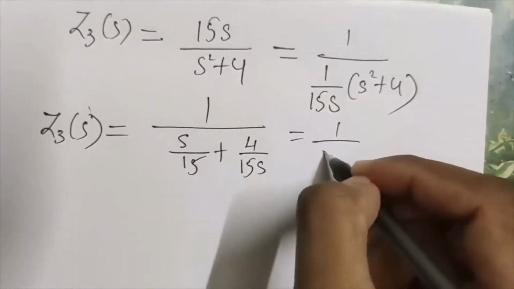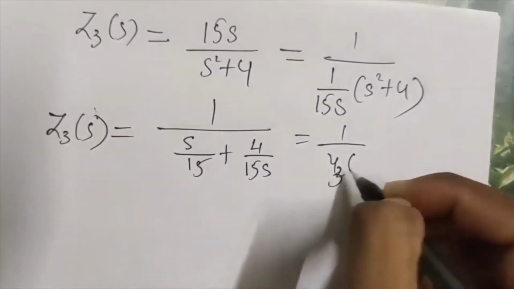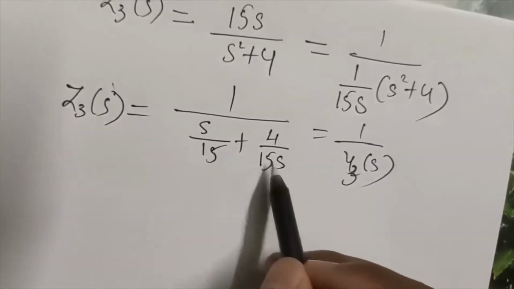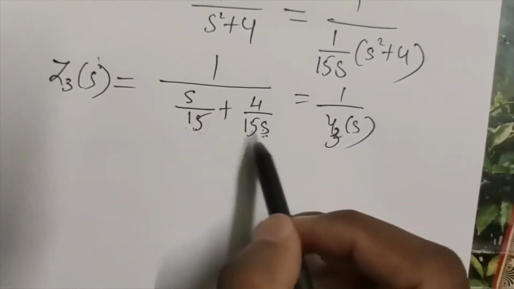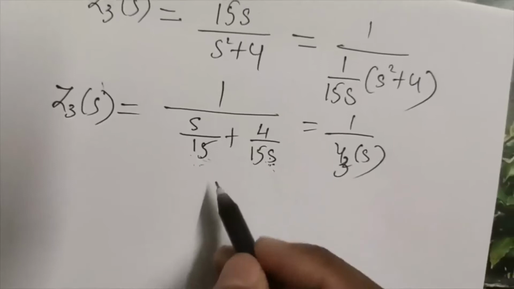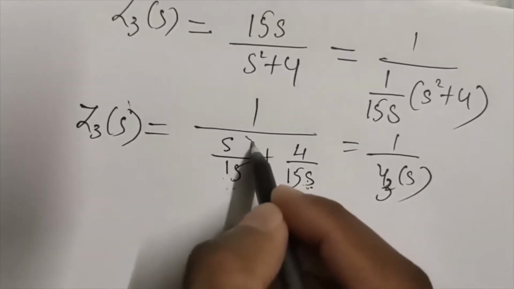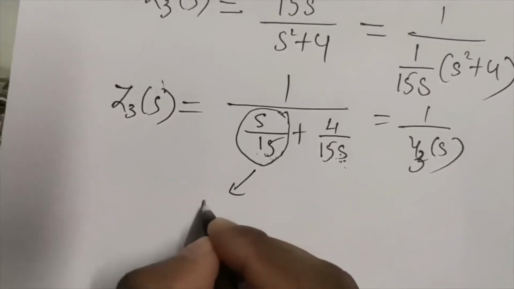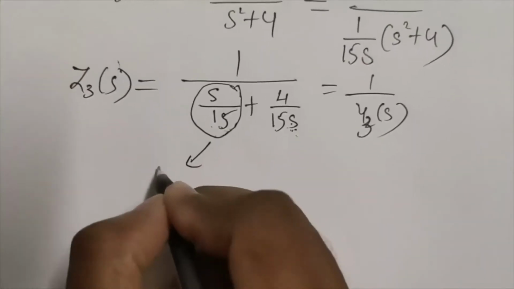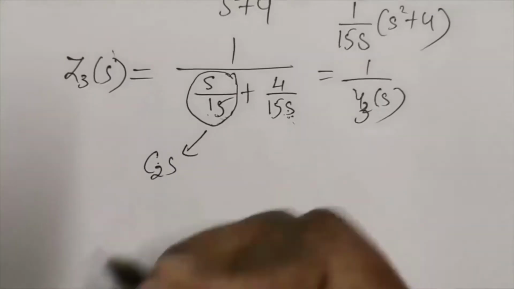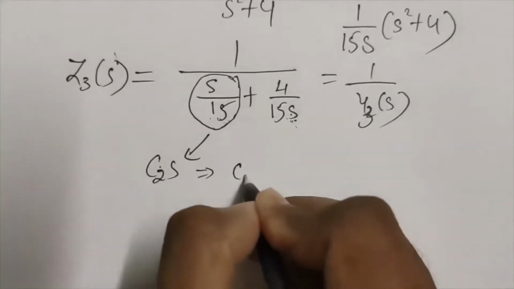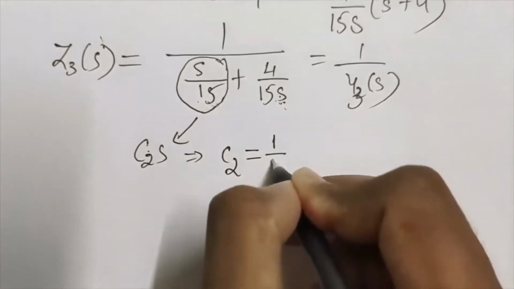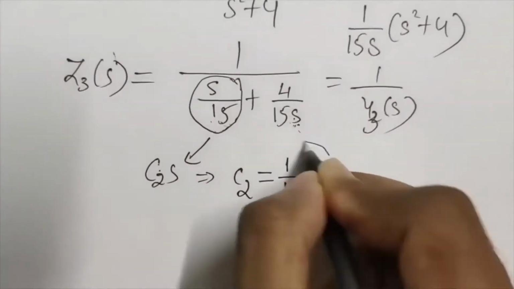This I can write as Y3 of S. Since admittances are being added, these two are in parallel. So this is an admittance term, so the first is in the form of C2S, which implies the capacitor value is 1 by 15 farads.